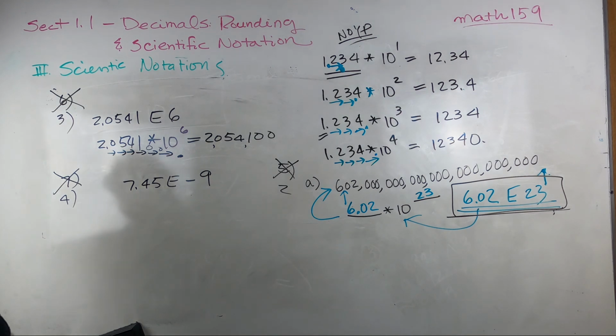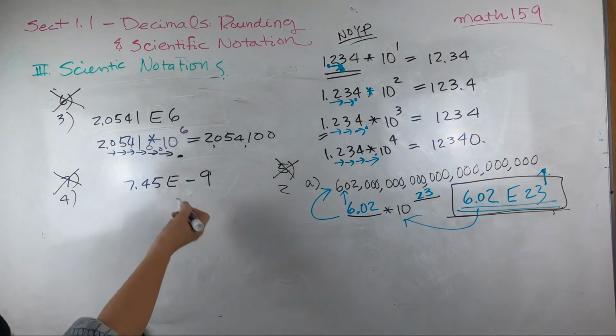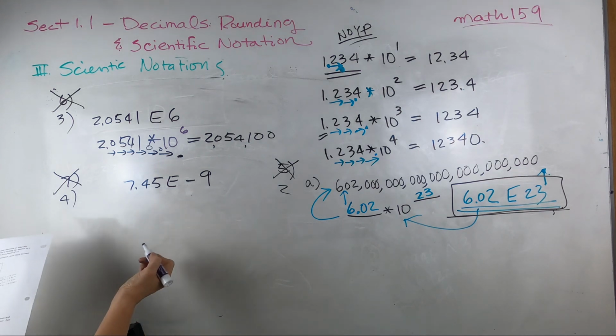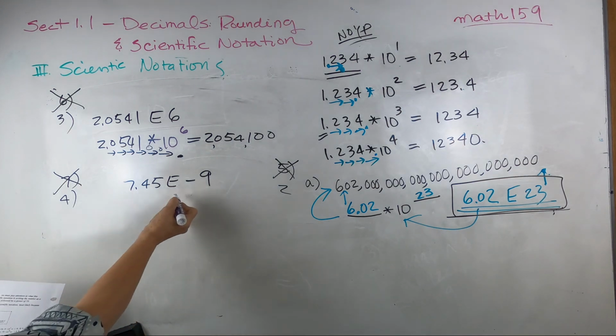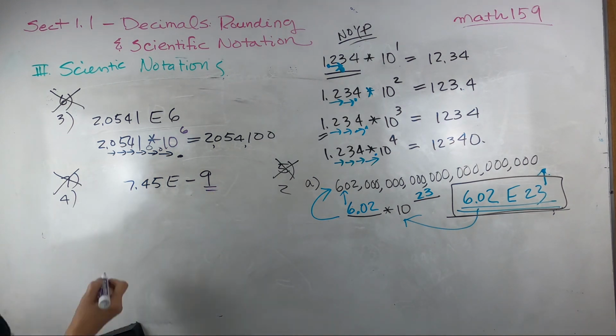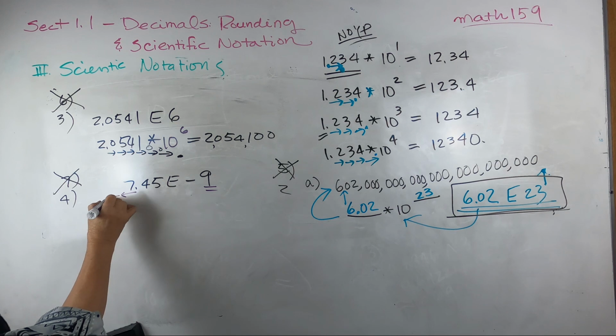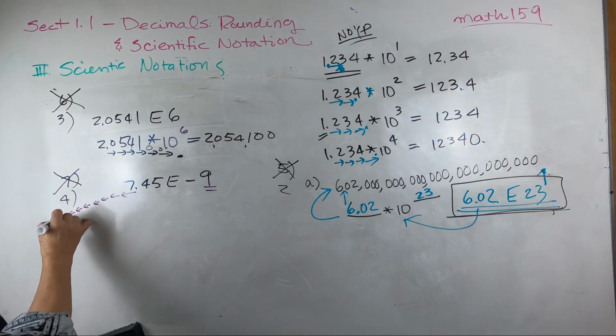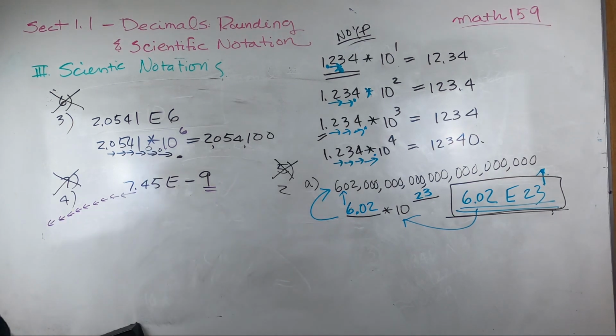Where should you move your decimal point? To the left, opposite of the positive, right? So you will move to the left instead of to the right. How many places? 9 places. So you have 1, 2, 3, 4, 5, 6, 7, 8, 9. That should be here, right?